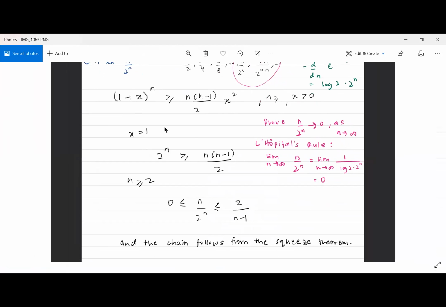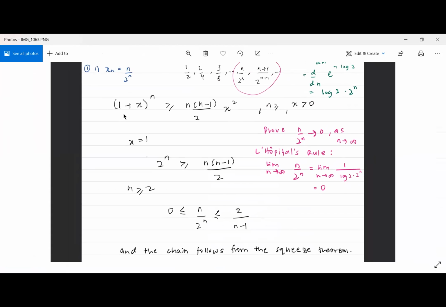Okay, 2 to the power of n is definitely larger than n minus 1 over 2. Yes, you are right, because the right hand side is n choose 2, right? Since there are many terms there, it's definitely larger than one single term. Therefore, n over 2 to the power of n will be bounded by that.